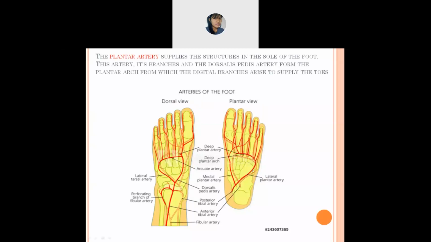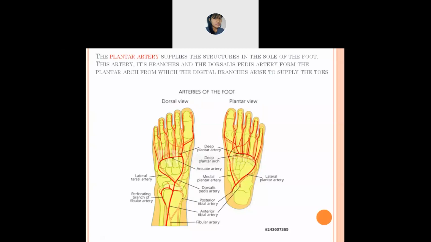This one is known as the lateral plantar artery. The plantar arch and the lateral plantar artery will form the digital arteries, and they will supply the toes.